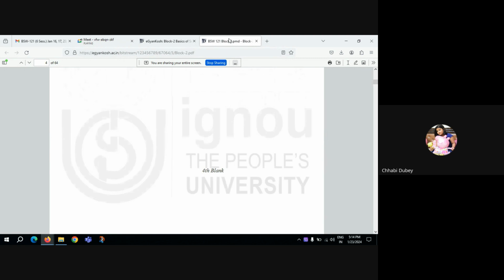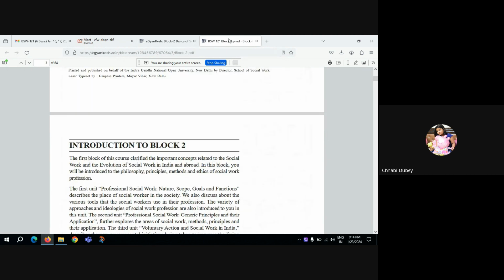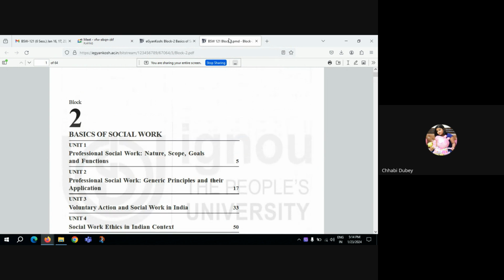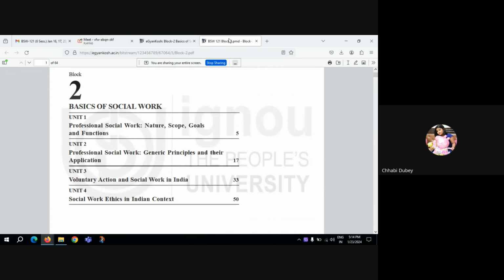So the second block is basically about the basics of social work, where we are going to understand exactly what professional social work is, the nature of social work, scope of social work, goals, and the functions. We are also going to study the various principles of social work and their application to the field of social work.